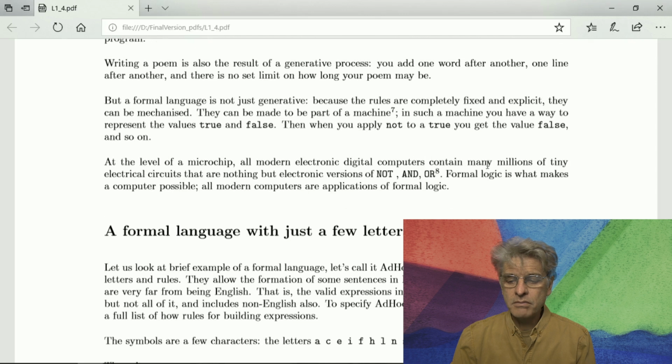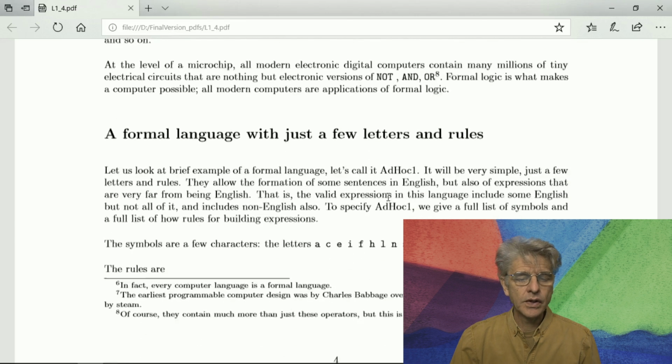They contain many millions of tiny electrical circuits which are electronic versions of not, and, and or. And they transform values that are the equivalent of true and false. Basically, there are certain voltages. So formal logic is what makes a computer possible, and all modern computers are applications of formal logic.